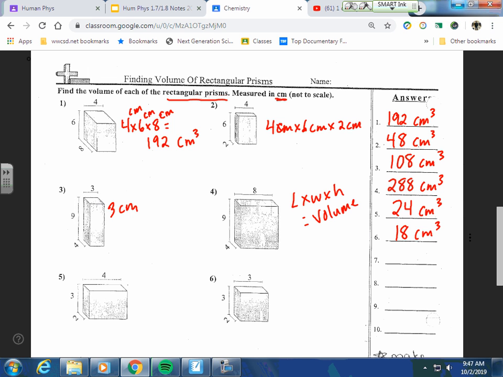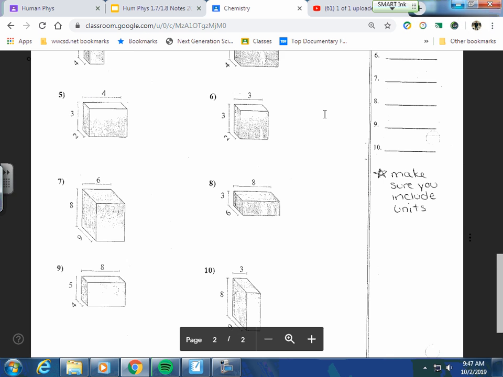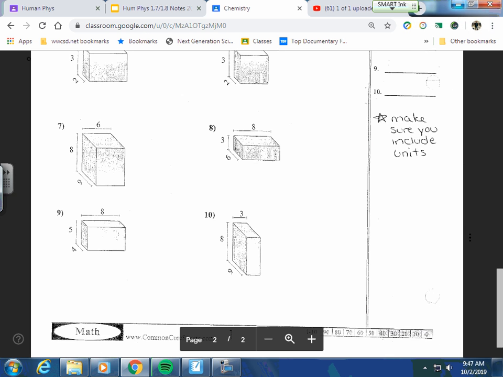All right. And 7, I'm just going to write these next to them so I can see the pictures. 6 times 8 is 48, times 9 is 841. Just kidding, I made that up.